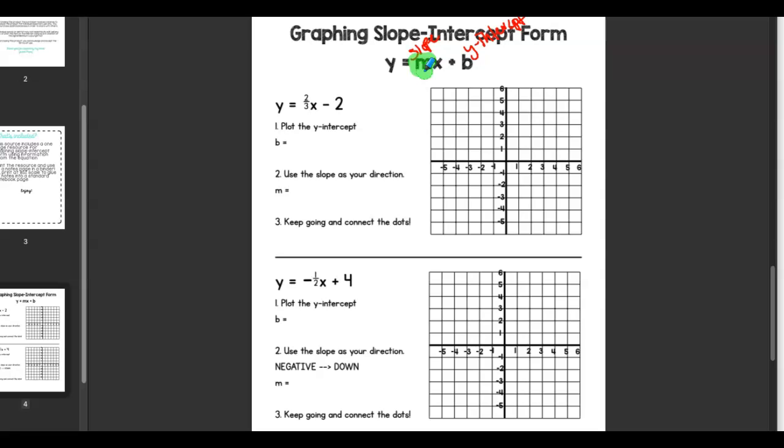So highlight 2/3. How about the second equation? What is the slope? Josie, what's my slope in the second one? -1/2. Highlight -1/2. Now exchange your highlighter with somebody at your table.